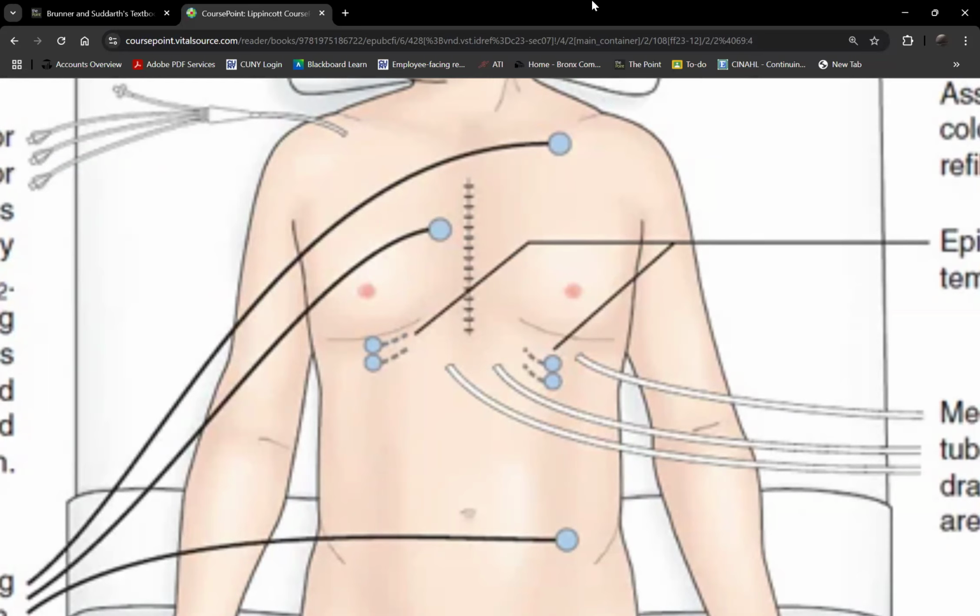This is attached, of course, inside the pericardium to drain blood, because otherwise, if the blood is not drained, what will happen? What will develop? Cardiac tamponade. Okay, there'll be tamponade. So of course you have to drain that. So your responsibility is to make sure these two tubes are draining. Okay, because can it clot? Yes, it can clot, and then your job is, of course, to notify the physician.